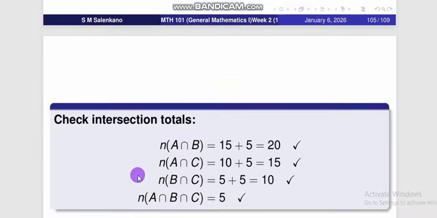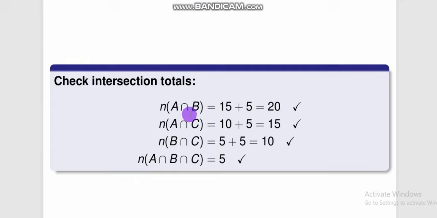Your result is correct, right? Also, for the intersection A intersection B, remember you have A intersection B that does not include C, and then A intersection B that includes C. So if you add those two, you will get the 20 that you are given in the problem. A intersection C is also twofold.